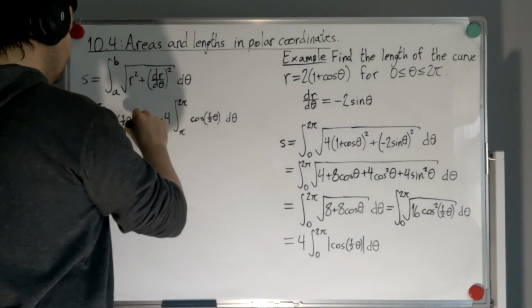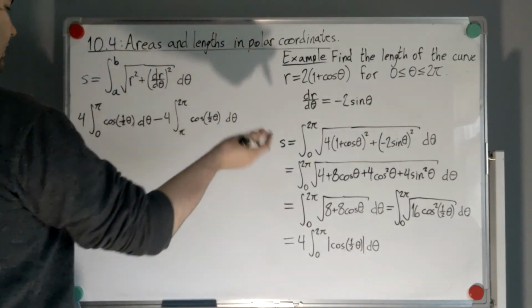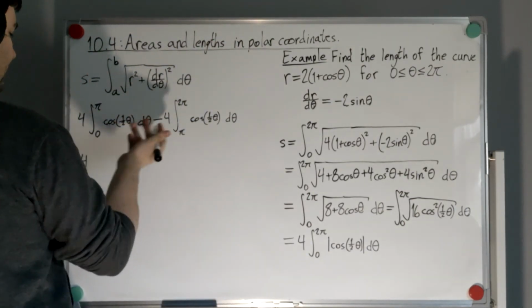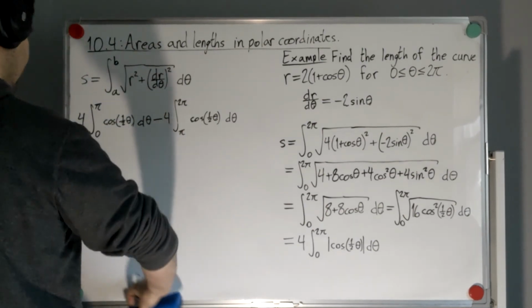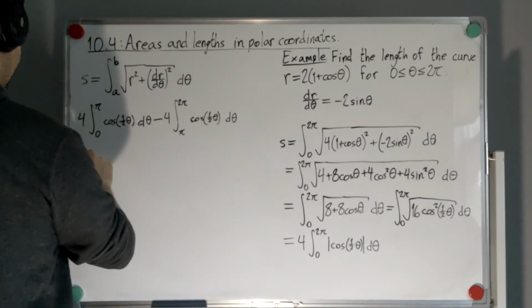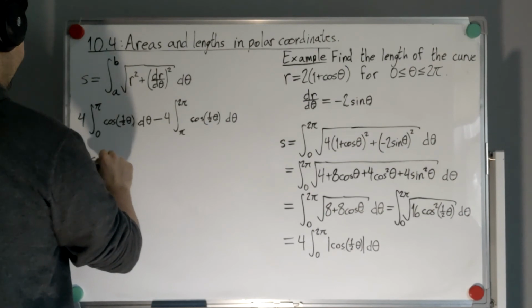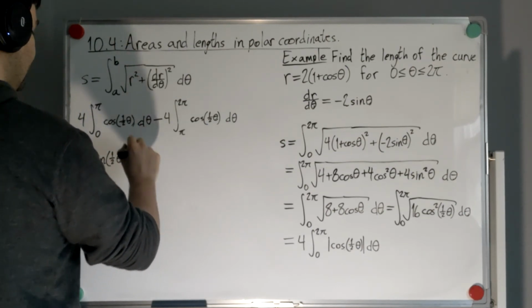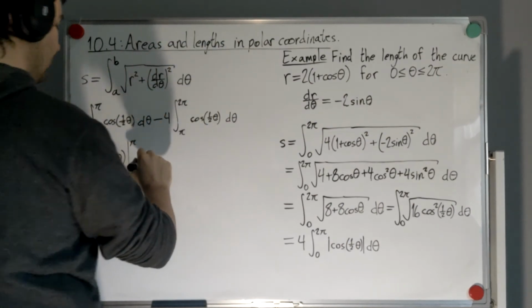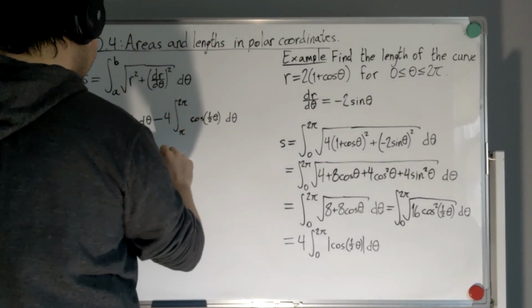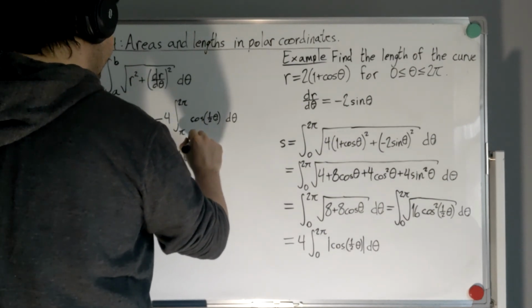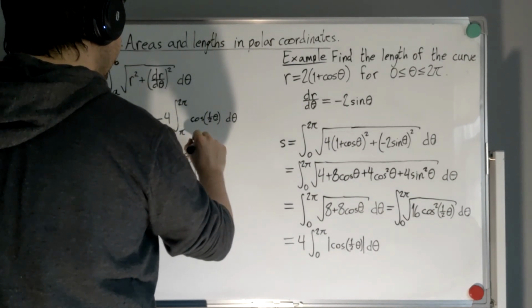All right, so you do these antiderivatives. They're both going to be 2 times the sine of 1/2 theta, which when you multiply that by 4, you just get 8 sine of 1/2 theta. This is evaluated from 0 to pi. And over here we also get 8 sine of 1/2 theta. This is evaluated from pi to 2 pi.